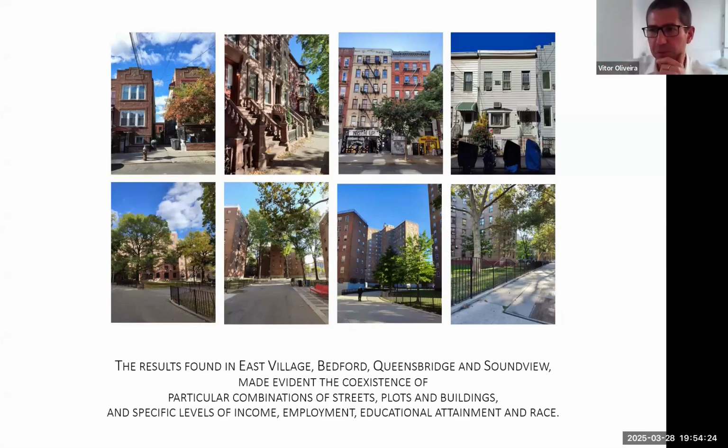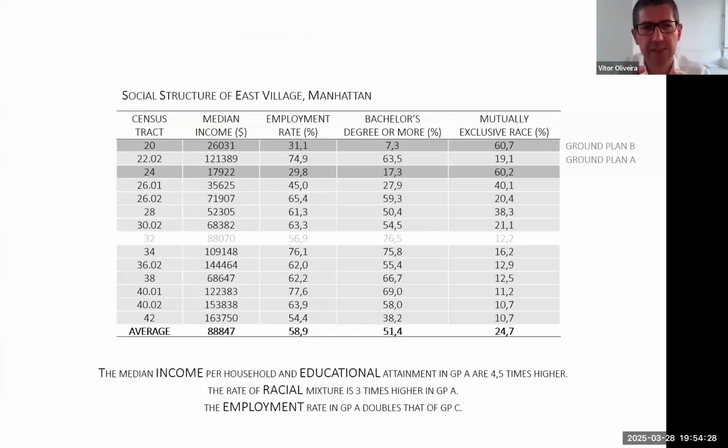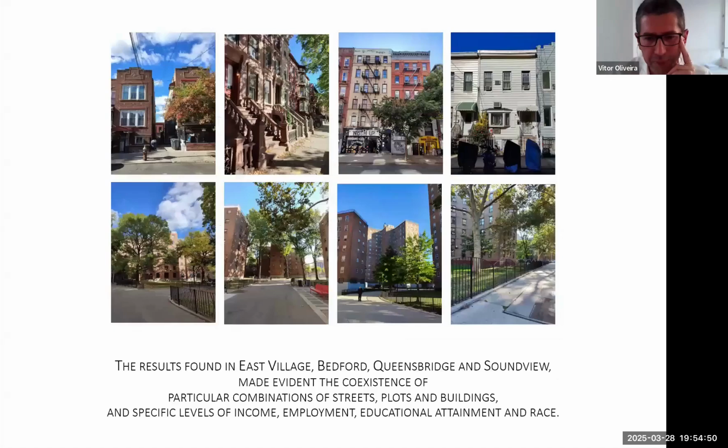Until here, we were only looking at average numbers. We also tried to understand what was behind each of these average numbers, and then assess the diversity of each of these places in terms of their social indicators.